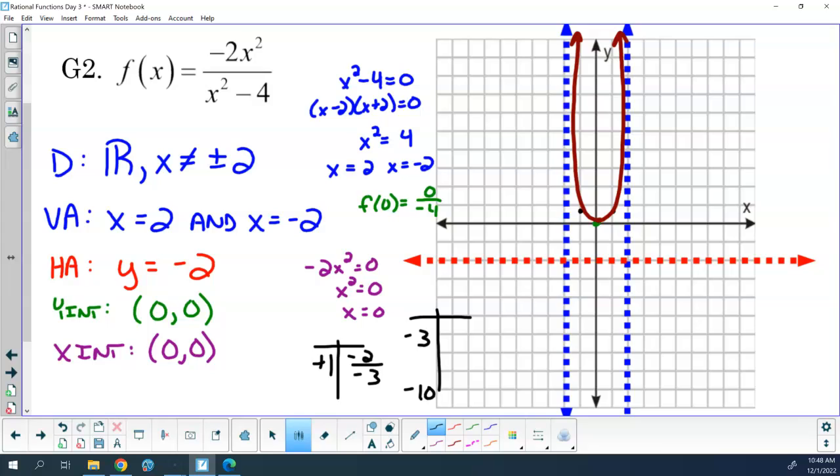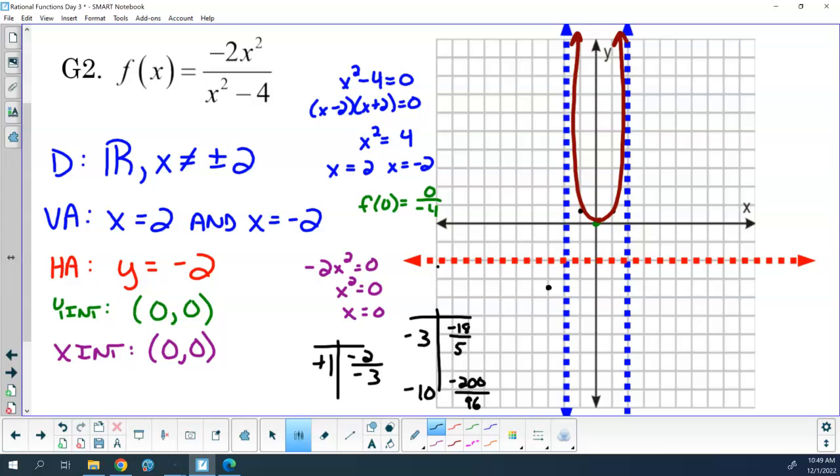If I plug in -3, -3 squared is 9, times -2 is -18. -3 squared is 9, minus 4 is 5. -18 divided by 5 is -3 point whatever, so it's going to be right there. -10 squared is going to be -200 at the top, 96 at the bottom.